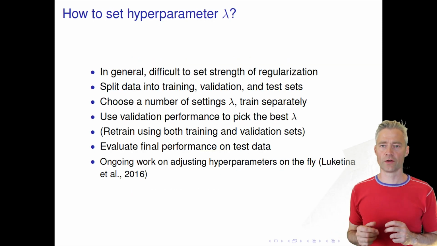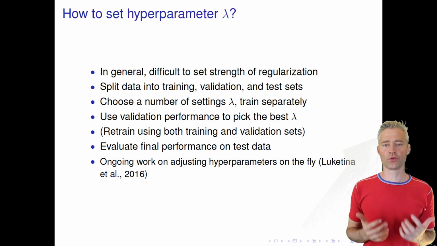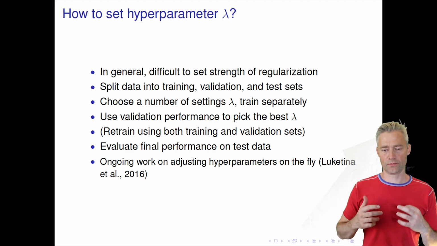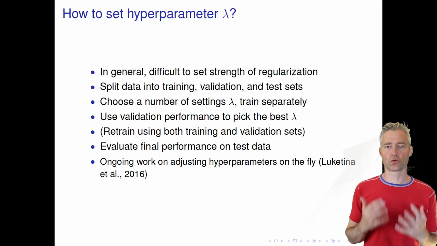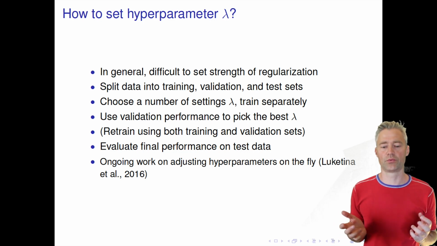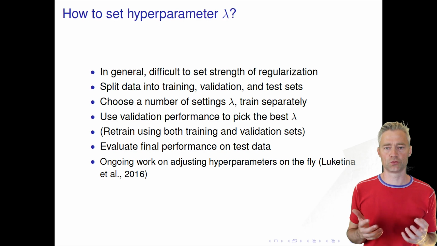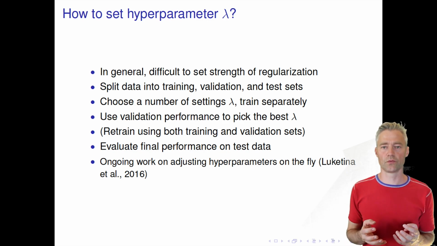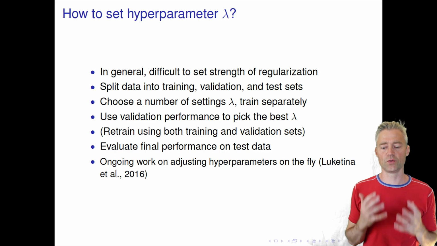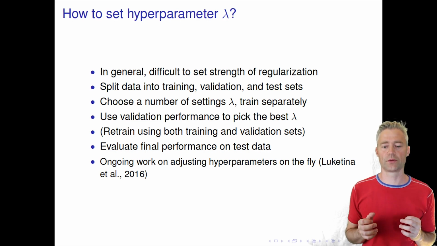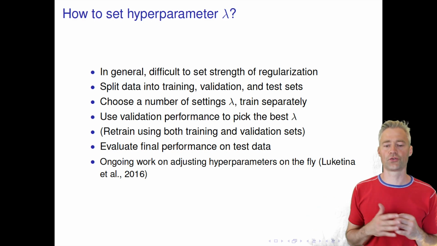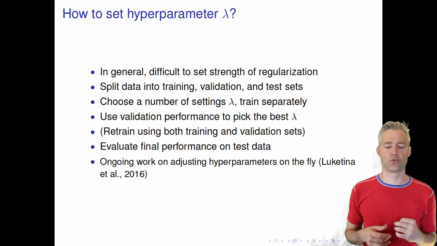Of course, a very important question every time we introduce a new parameter is, how do we actually set this? This lambda parameter is a so-called hyperparameter. We have many other hyperparameters, and we always have the question of how to set the number of hidden units and so on. If we have only a few of these hyperparameters, then we can use the validation error and a grid search or something like that to find the parameter.